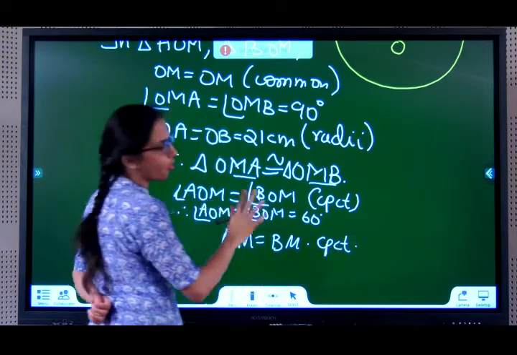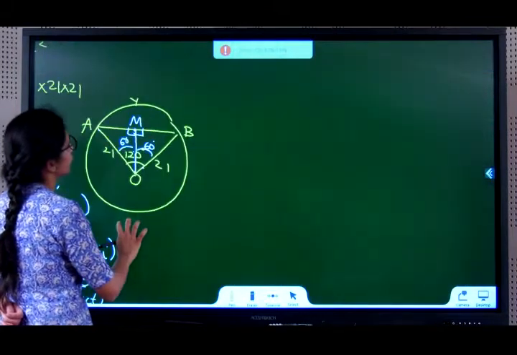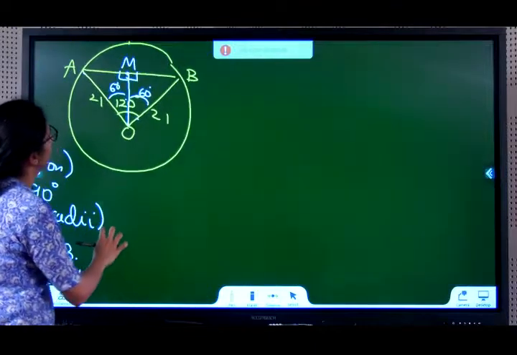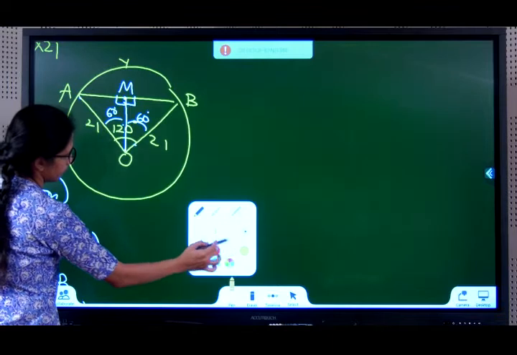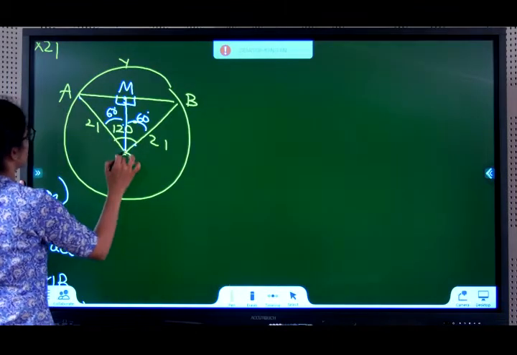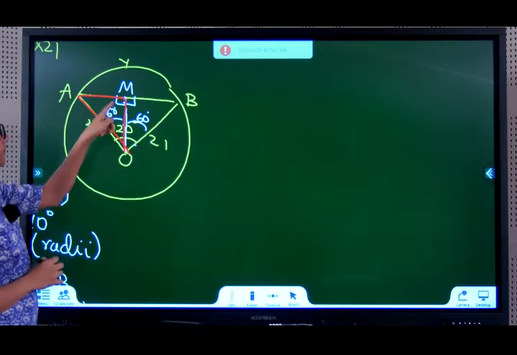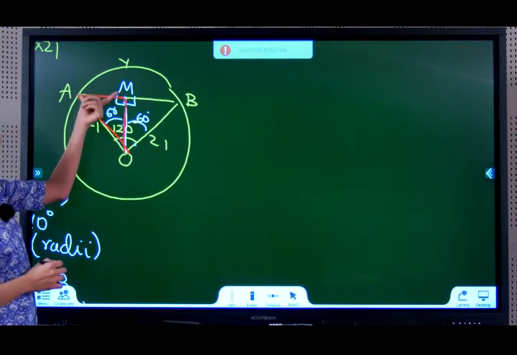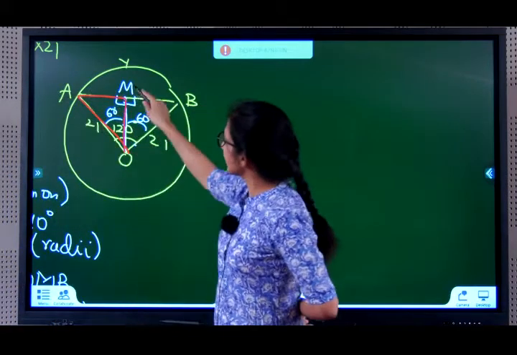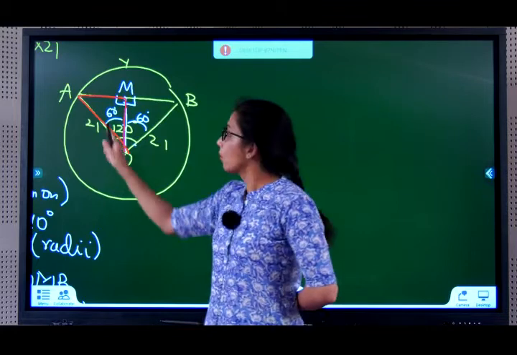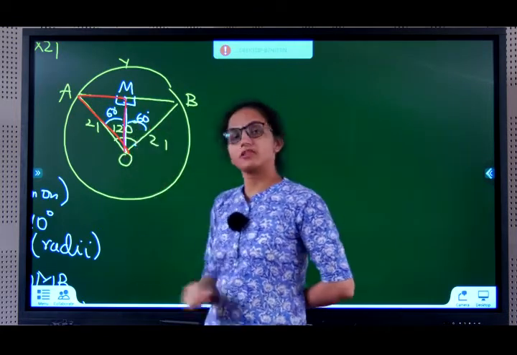Now, why did we do all this? Going back to this figure and continuing, look at this triangle. You have 60 degree, you have 90. Can I somehow find AM? Yes. Can I somehow find OM? Yes. Once I find AM and OM, I can use half into base into height.